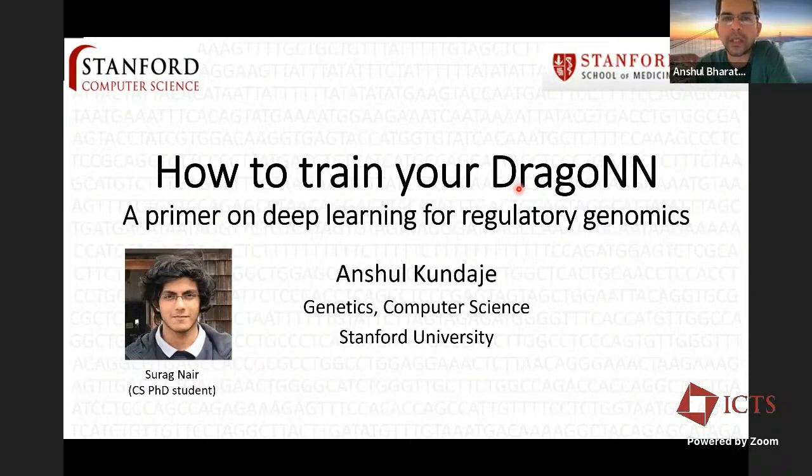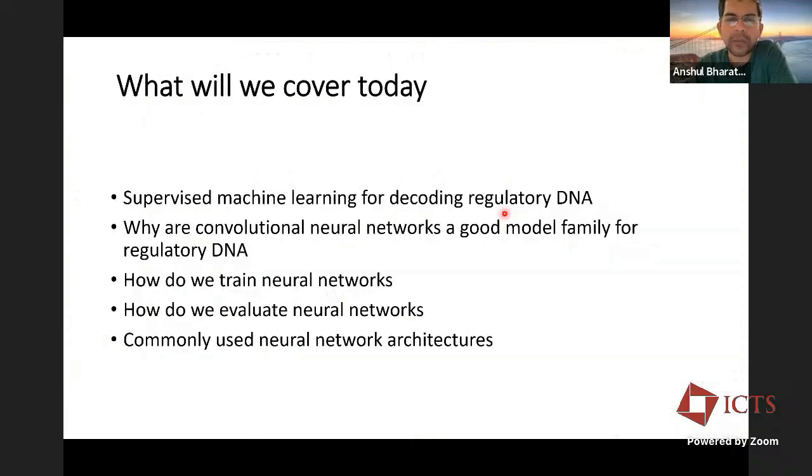All right. Okay, so let's jump right in. What we'll cover today is supervised machine learning methods for decoding regulatory DNA. I'll give a brief introduction to what regulatory DNA is, why it's relevant, why it's interesting, how we can ask questions about the properties of regulatory DNA using supervised machine learning methods.